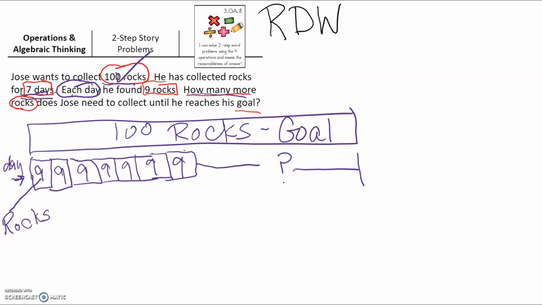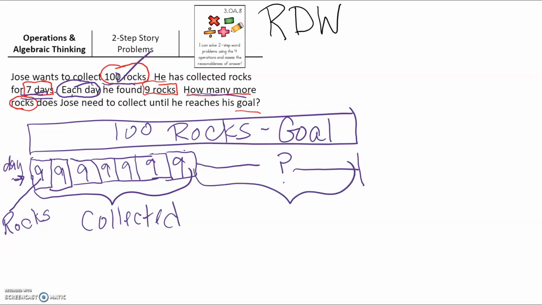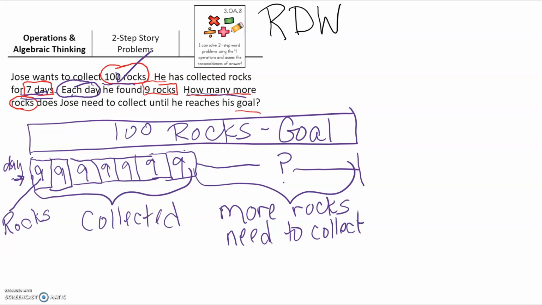Okay, well, it looks like my first step would be to find out how many rocks he's already collected. And looking at my model right here, this is how many he's already collected. So this is collected, and then this part right here is what he needs to collect more.